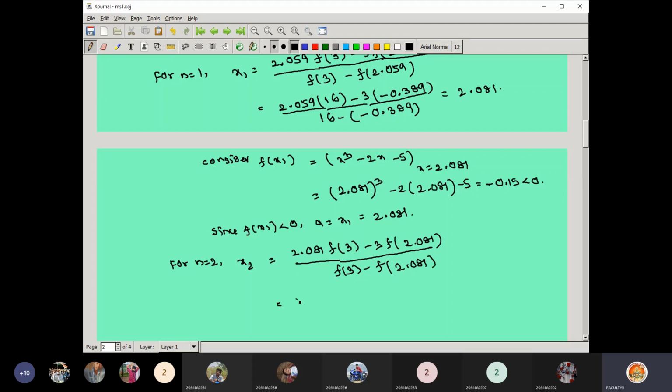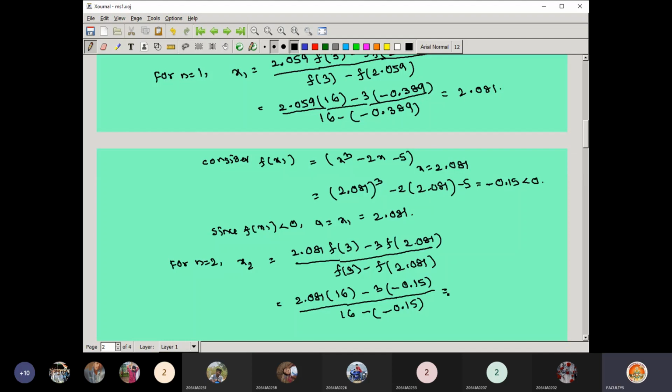So this becomes 2.081. F of 3 already you calculated, its answer 16 minus 3 into f of 2.081, that was already calculated just now. So it is 0 minus 0.15. Overall it is divided by, so f of 3 is 16 minus that f of 2.081 is minus 0.15.